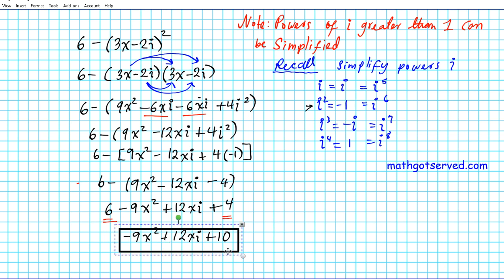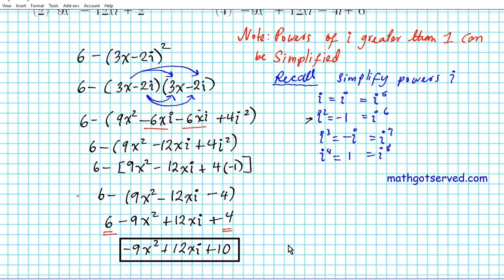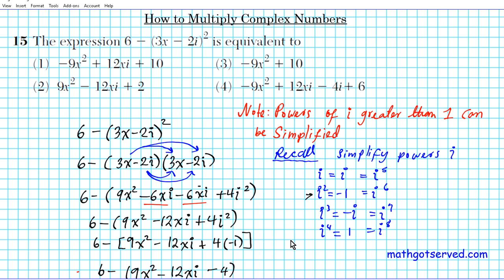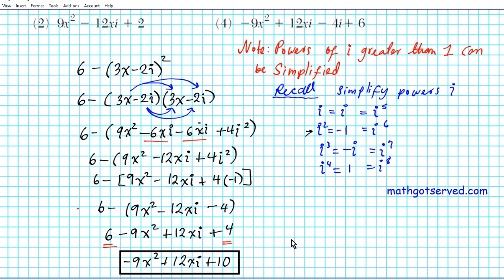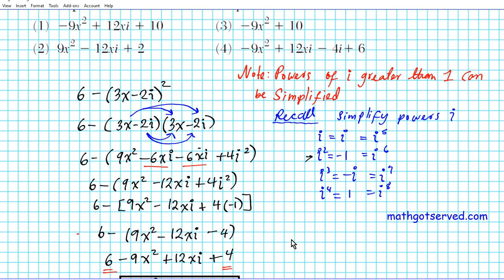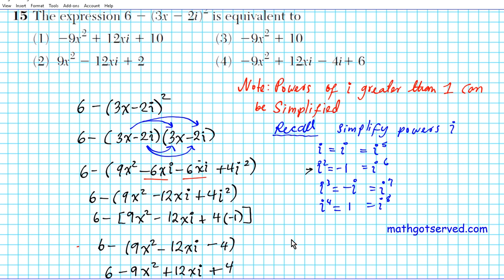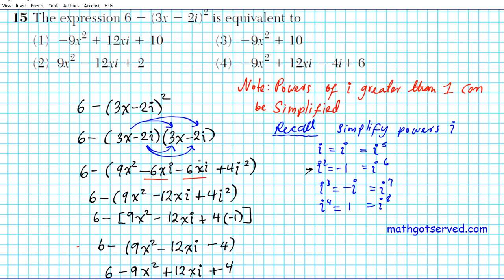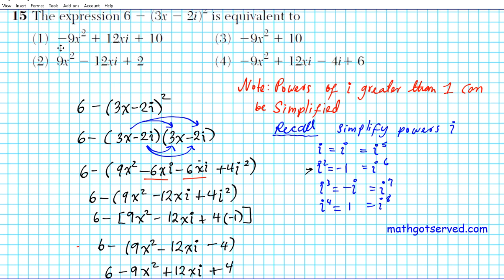The answer to question number 15 is, let's see, negative 9x squared plus 12xi plus 10. Option number 1. So that's the answer right there, option 1.